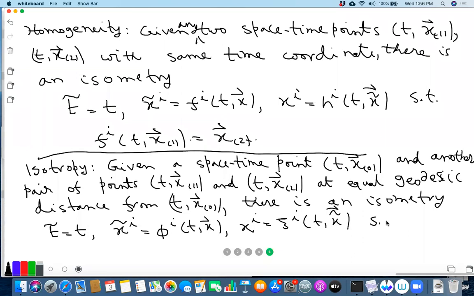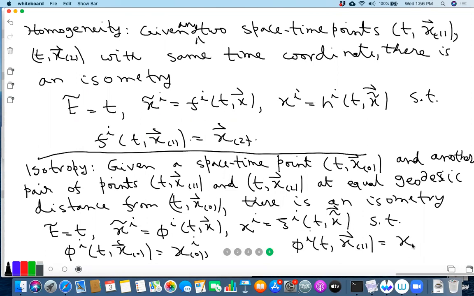But the property that it should have is that φ_i of (t, x naught) is equal to x naught i, and φ_i of (t, x1) is equal to x2 i.